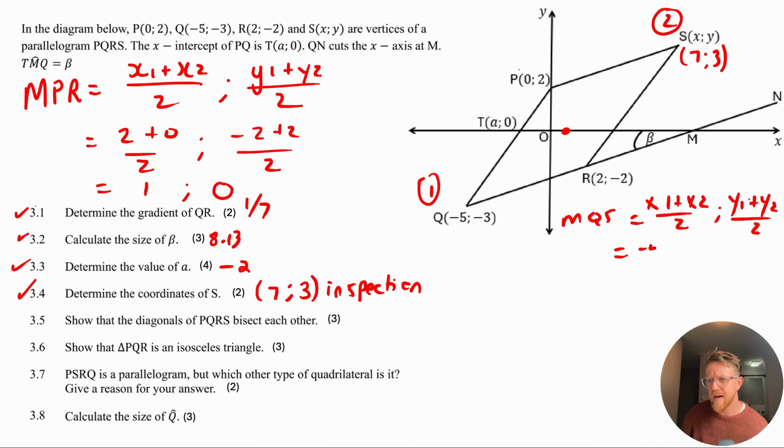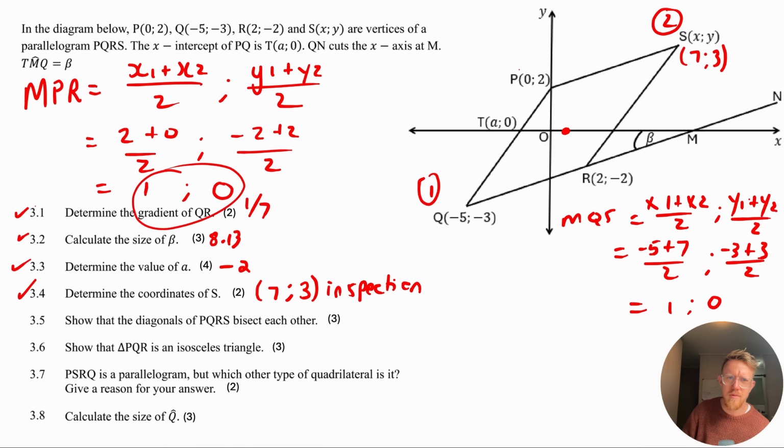And so I get (minus 5 plus 7) over 2, and (minus 3 plus 3) over 2. And so if you had to work this out, you end up with 1 and 0. So we get to the exact same answer. And then we can say, so what that means is that they're both going through the same midpoint.